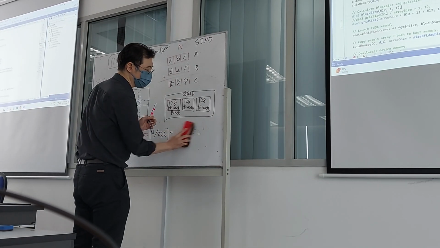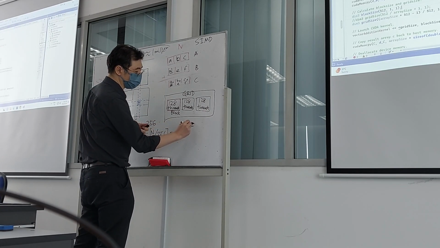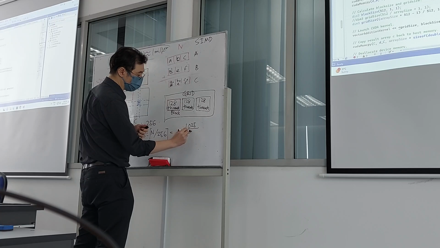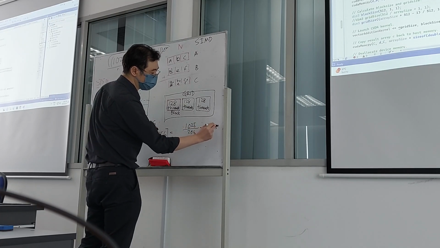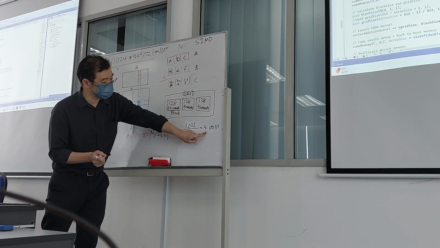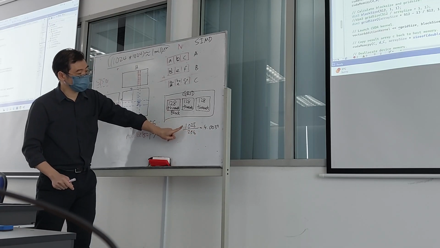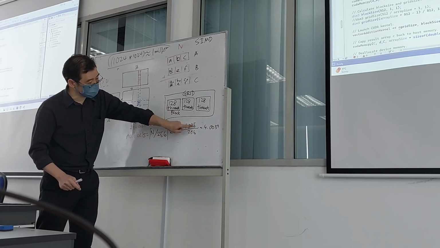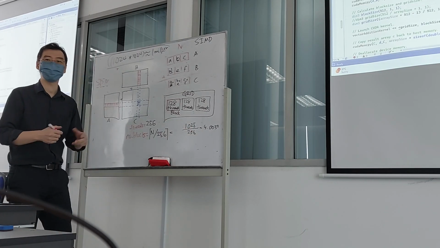What I mean by that is this. Let's take the example just now again. I got 1024, 2025, 256. And just now you tell me it's 4.0039 something, right? Yeah. And we know that this is bigger than 4, and we should use 5, right? So I can add a little bit so that when I divide, even though I round it down, it will be 5. How do I do it?